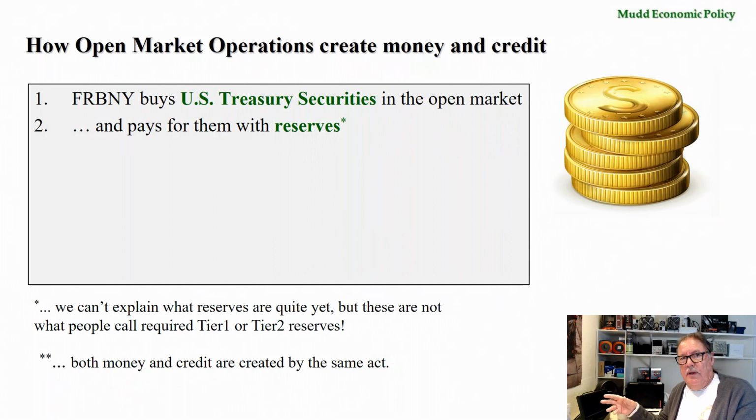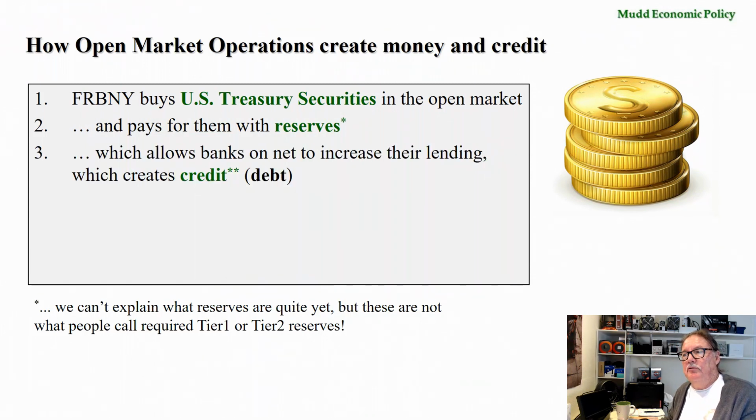The Congress of the United States imposed strict capitalization requirements on the banks in the United States after the last economic recession, and those requirements, which are quite burdensome to the banks, are called Tier 1 and Tier 2 requirements. This is not what we're talking about here. The reserves that we're talking about here are specific only to open market operations and are not associated at all with Tier 1 and Tier 2.